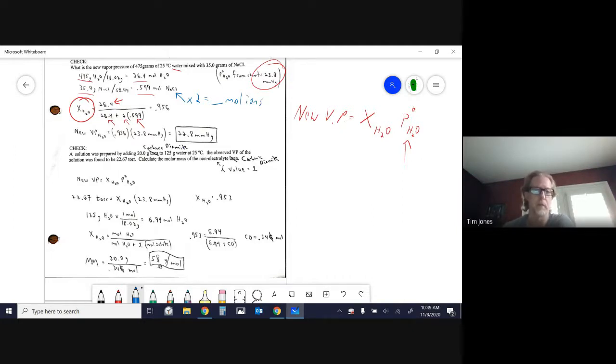That's basically what we're doing. The i value just kind of does that work for you. But if you just want to use your knowledge of the system and do that, that's fine. In this case, the math works out that the new vapor pressure is 22.8, which is a little bit lower than 23.8. So you see it doesn't dramatically affect it, but it does lower it a little bit. All right, next one.